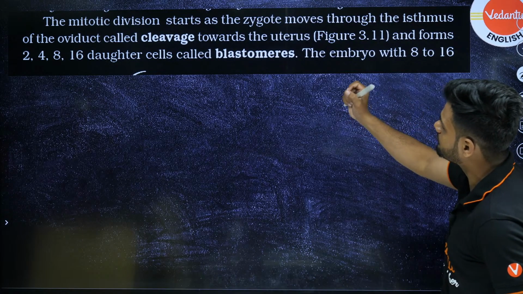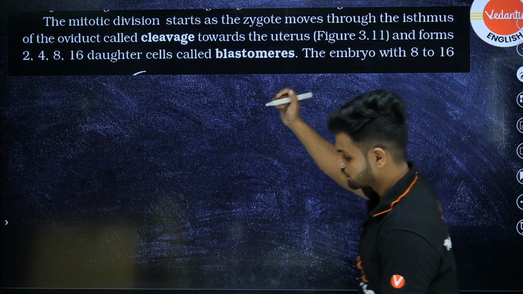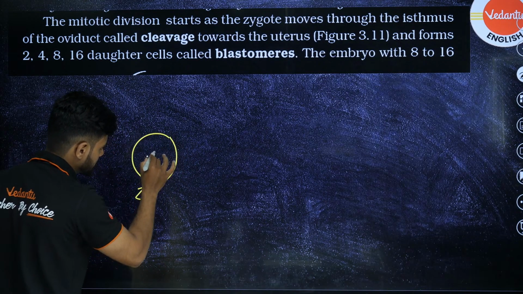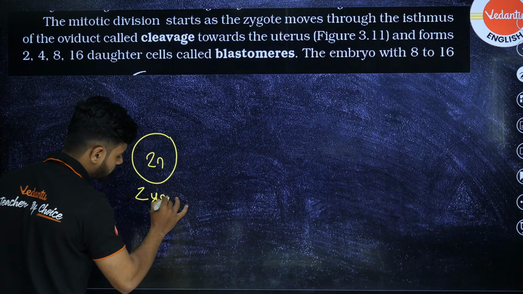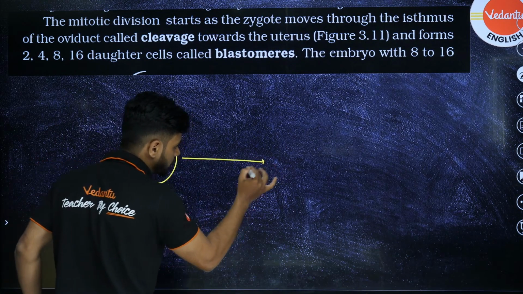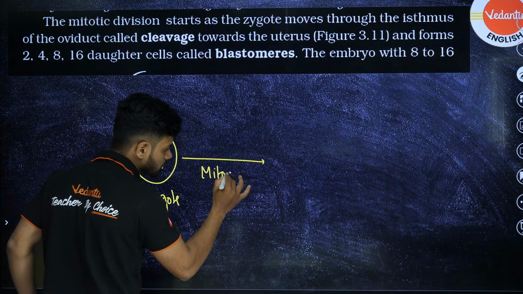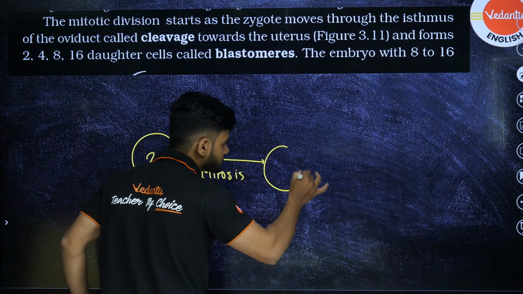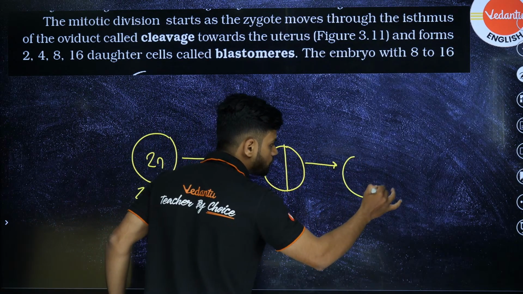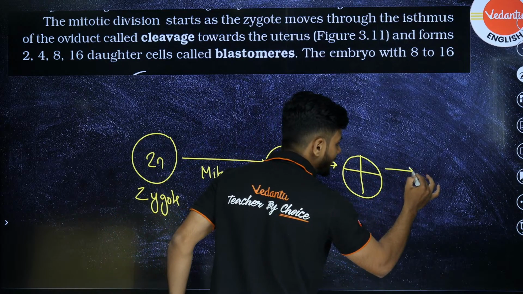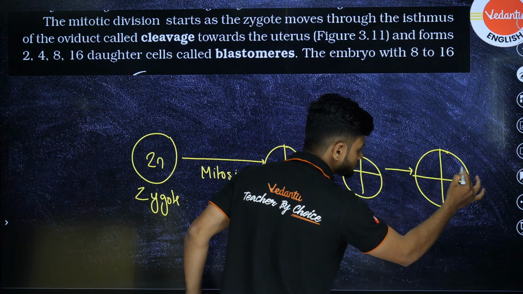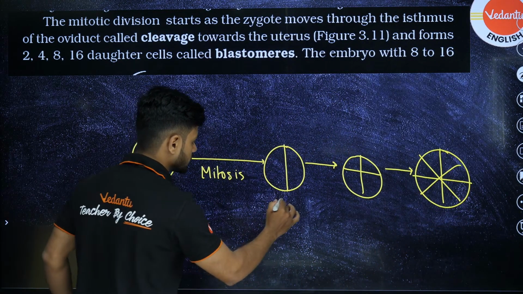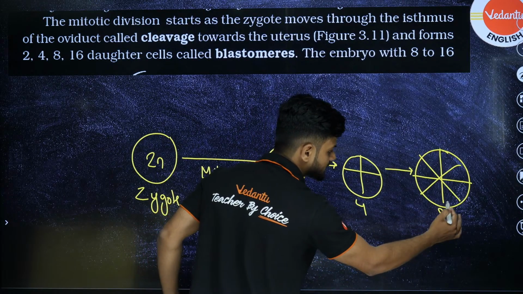Now the mitotic division starts. This zygote right here, which is diploid in nature, will start to undergo mitosis and will start dividing: 2 cell stage, 4 cell stage, 8 cell stage.